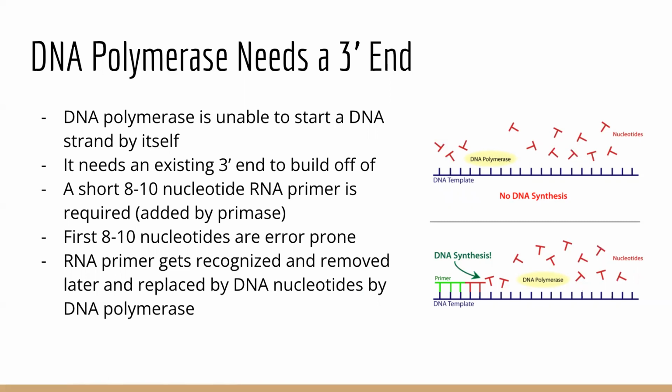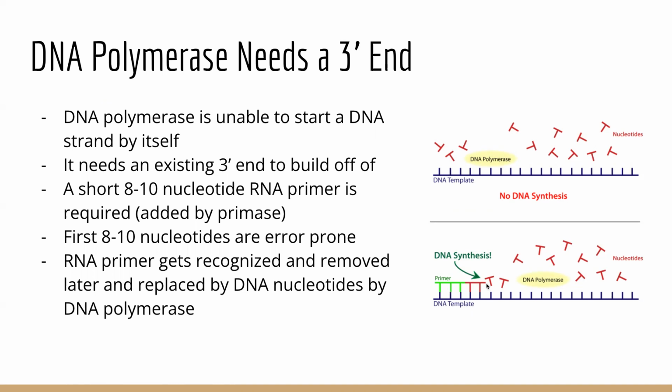So a short RNA primer is added by an enzyme called primase. As you can see here, this is the RNA primer added. These 8 to 10 nucleotides are error prone, so later they're going to be removed. But first, DNA polymerase is going to add on to this 3' end, and then it can keep growing this way. Later on, the RNA will be replaced with DNA.